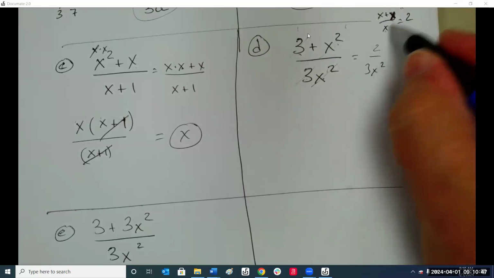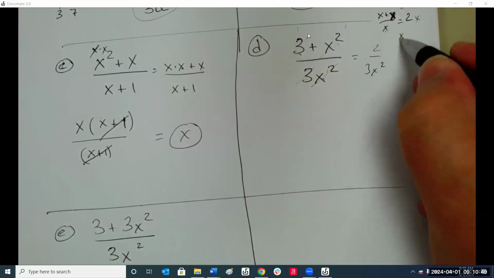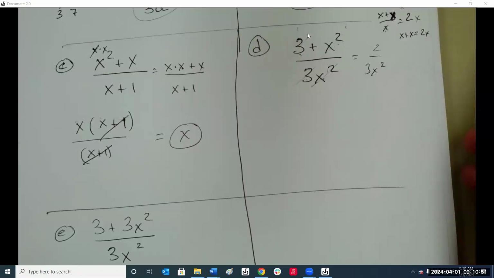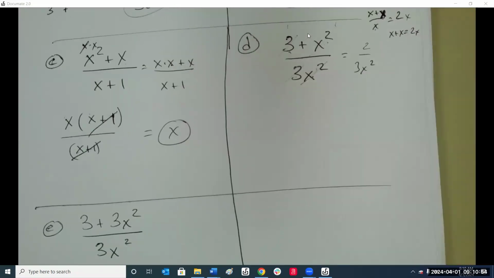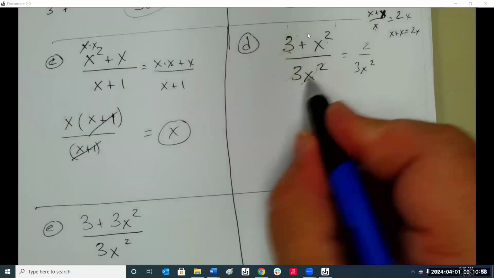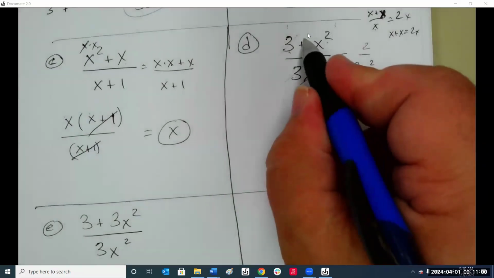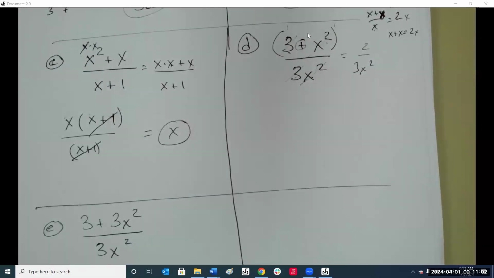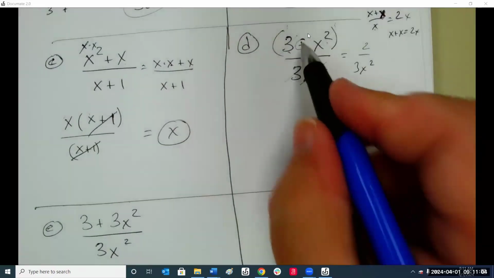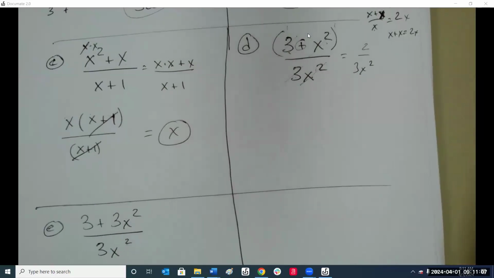How do we prove that? Multiply both sides by x. X plus x equals 2x. That's the rule of addition. But that doesn't work here. Because there's a plus there, that's one number. If it was a plus or minus, you can't split them up.